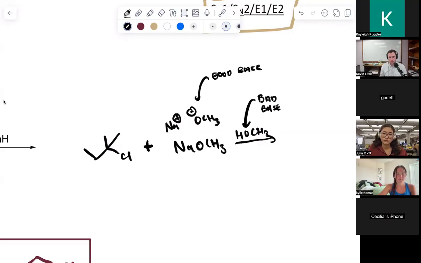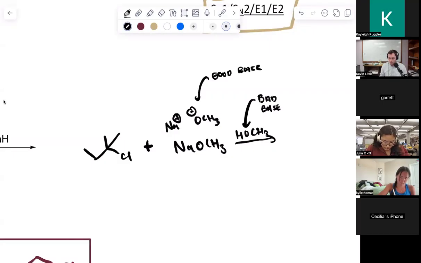How do I know that? Because of the charge, the oxygen is charged. The sodium methoxide on the left is a better base than this methanol.